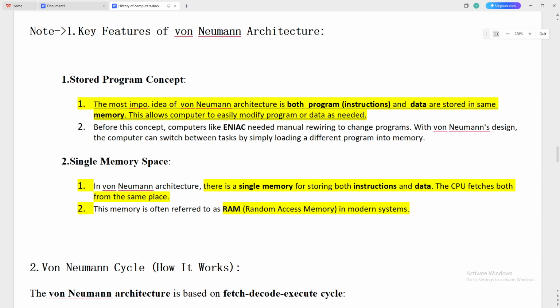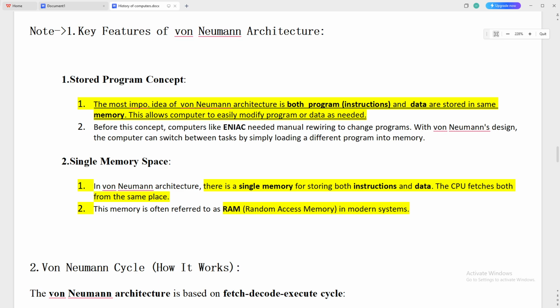The most important idea of von Neumann architecture is that both program instructions and data are stored in the same memory. This allows the computer to easily modify the program or data as needed. Before this concept, computers like ENIAC needed manual rewiring to change the program. With the von Neumann design, the computer can switch between tasks by simply loading a different program into memory.